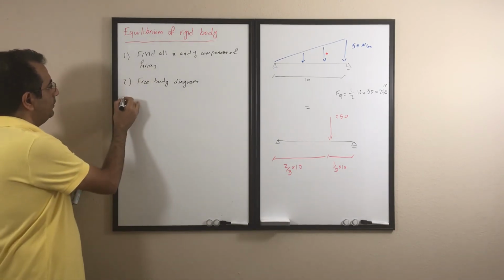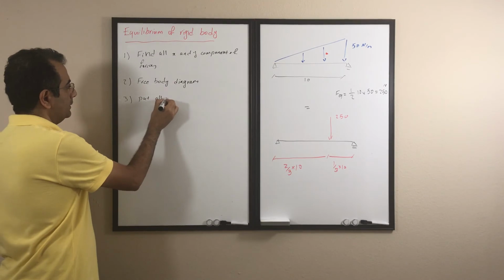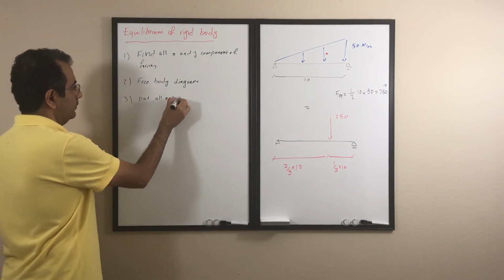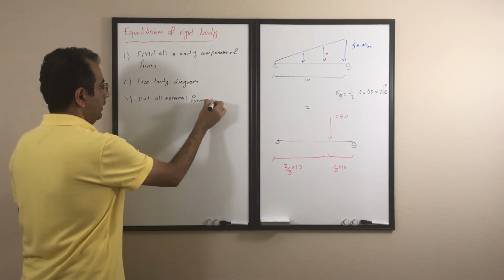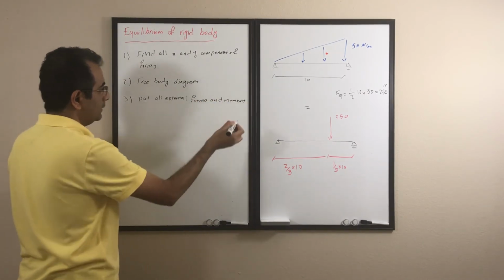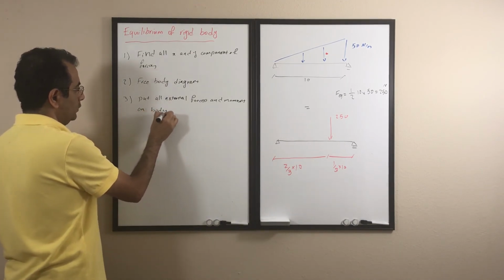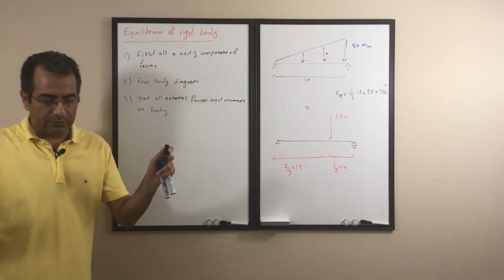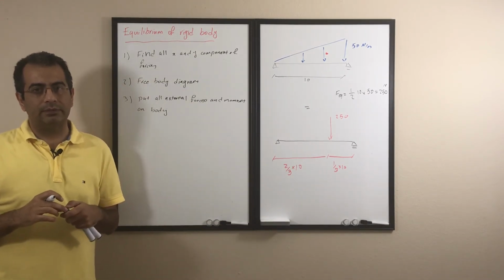The next step: put all external forces and moments on the body. So draw the rigid body and then add all the external forces and the moment to that.